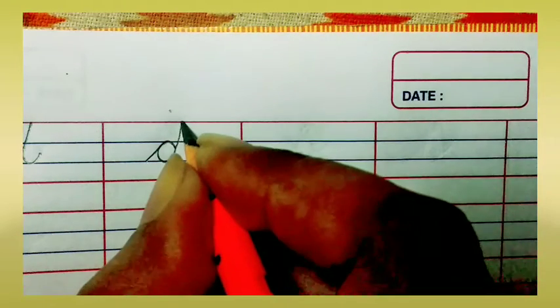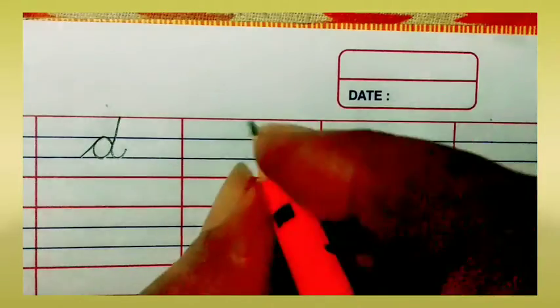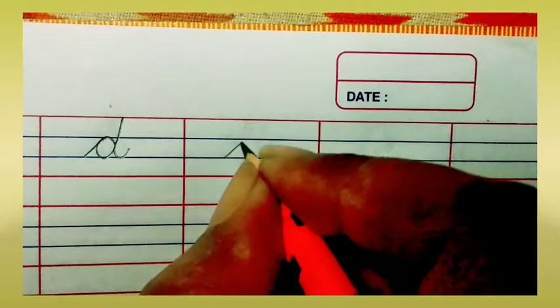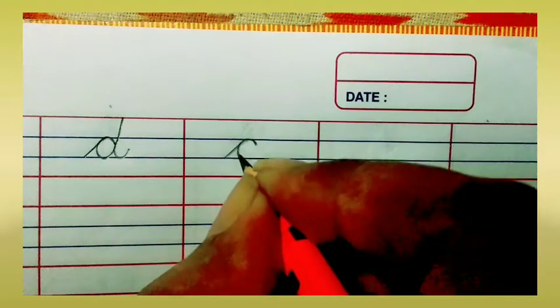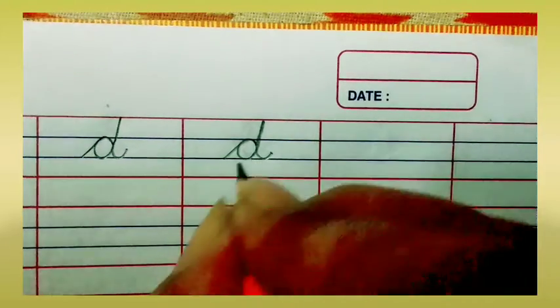Again, curve it. Draw a slanting line up to the top line. Come back on the third line. Set it here and raise it up a bit. Like this. This is a small cursive D. Like this.